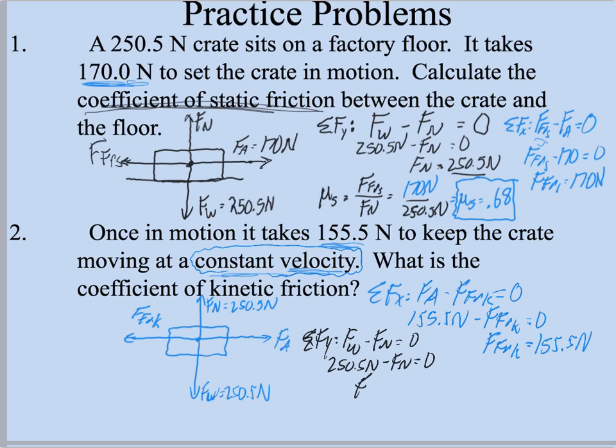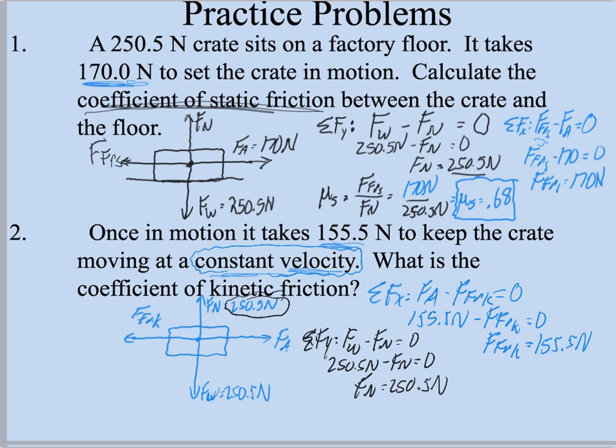And that means the normal force is 250.5 newtons. And I already wrote that over here earlier. But if this was a separate problem, you would still want to show you were summing your forces each time. And that's enough for us to find our coefficient of friction.